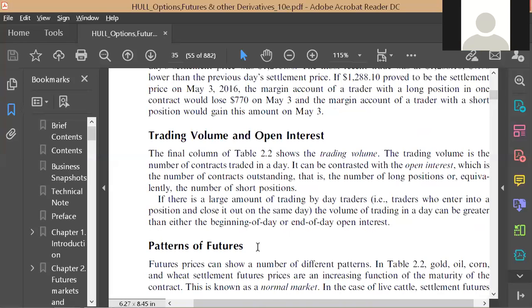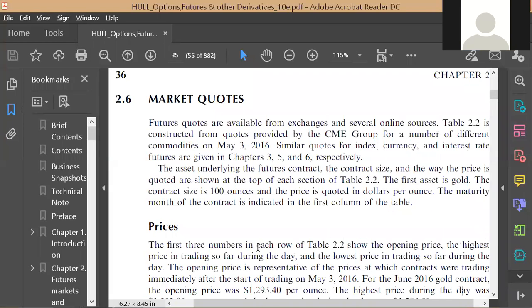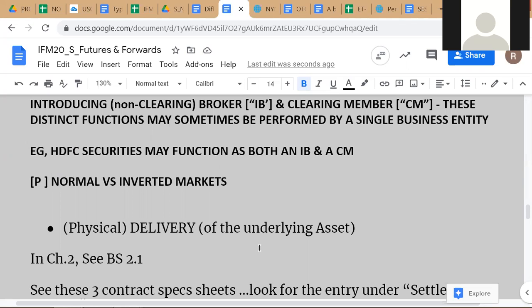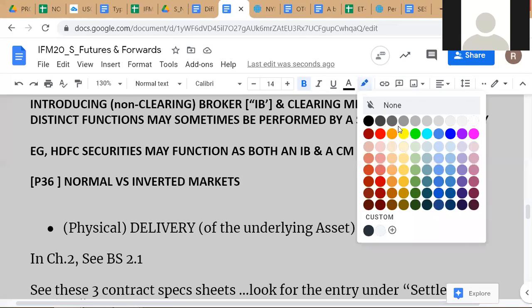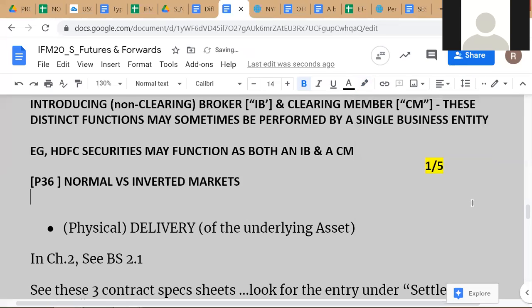Patterns of futures, I want to make sure we have the page number right. It is page number 36. We were just over here actually, so we'll end today just over here at 1:05, just before this.